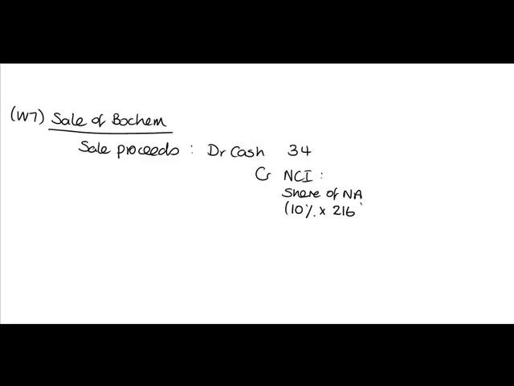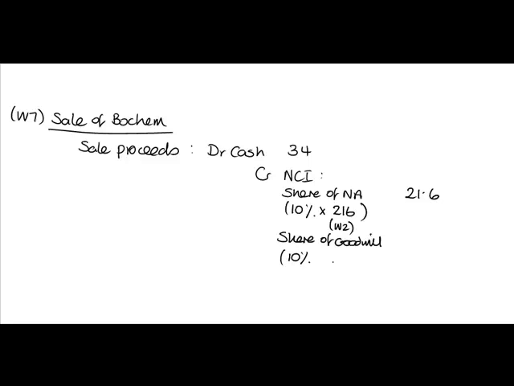So they've got an extra 10% of the net assets. The net assets at the disposal date, we calculated in working number 2, were 216. So that's 21.6. And we also have to give them an increased share of goodwill.